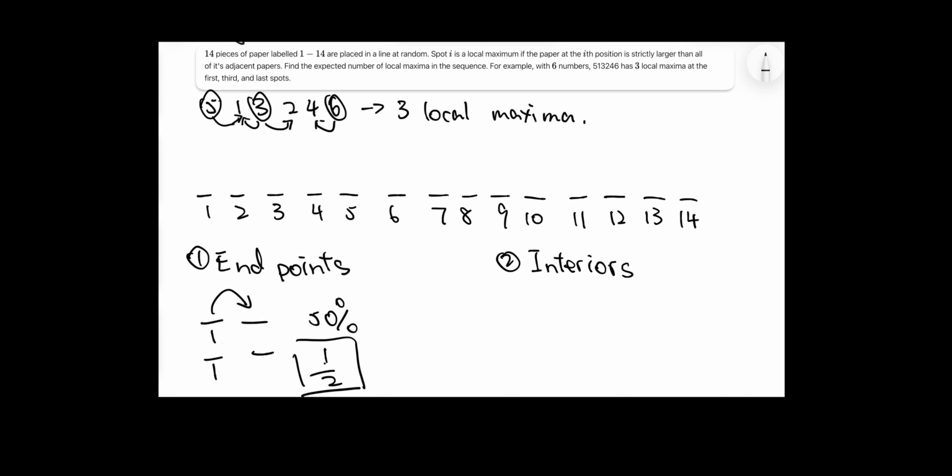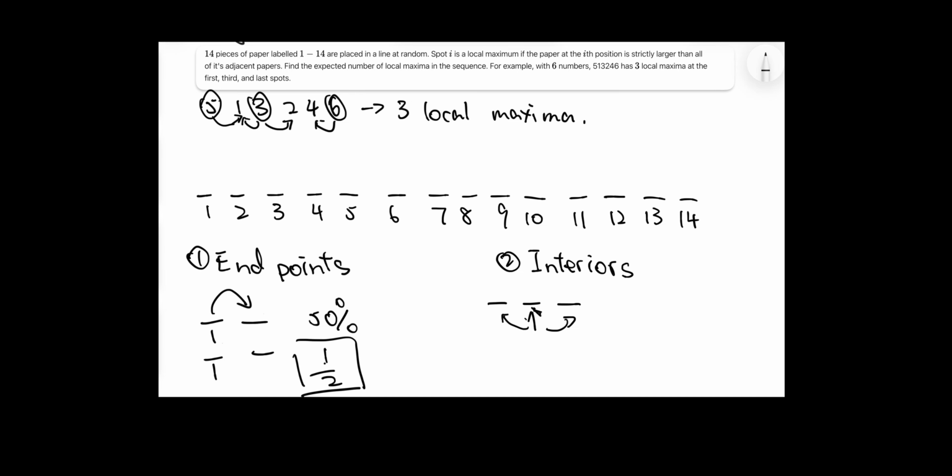For the interior points, however, each of the interior points has two adjacent numbers. And we have to think, okay, what's the probability for the middle number to be bigger than its adjacent numbers? For probability problems, we can always start by thinking about how many ways we can arrange three different numbers into three positions.